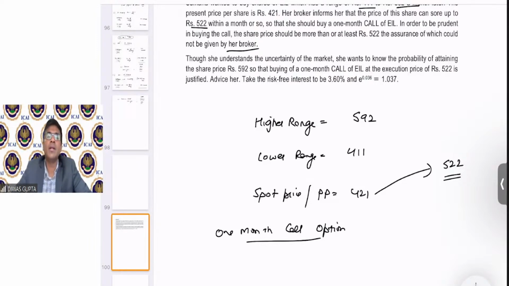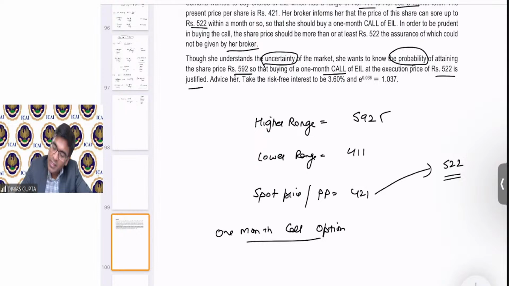Though she understands the uncertainty of the market, she wants to know the probability of attaining the share price of rupees 592, which is the higher range, so that the buying of 1 month call of EIL at the execution price of 522 is justified.